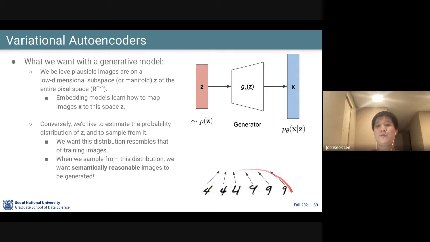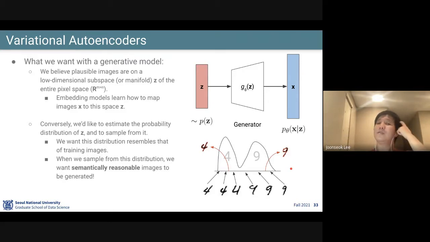We'd like to learn a distribution generating these images, and it will look like this, for example. We can interpret that this is for the 4s and this is for the 9s. If we sample from this part of the distribution, we get an image that looks like a 4, and from this part, an image like a 9, right?